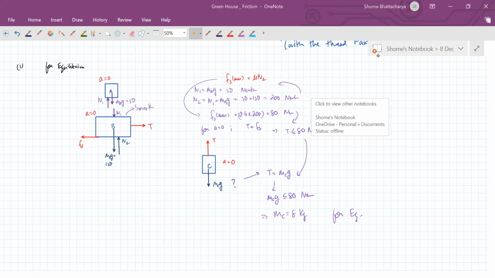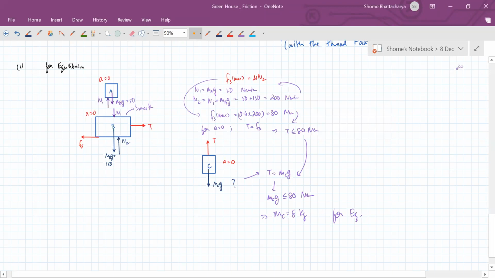So what will happen is B and C will have the same magnitude of acceleration, which will be T divided by, yeah, it's coming 0.8.